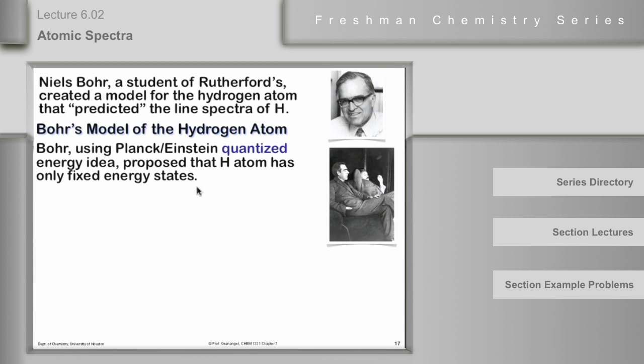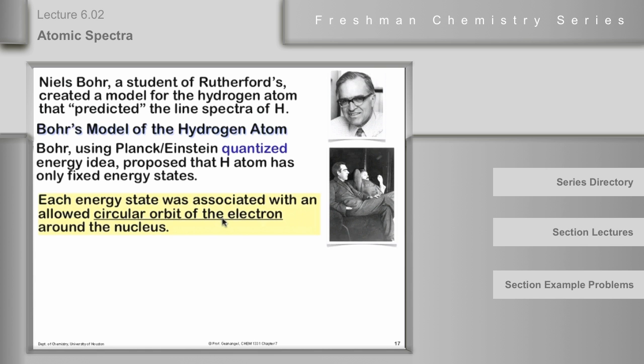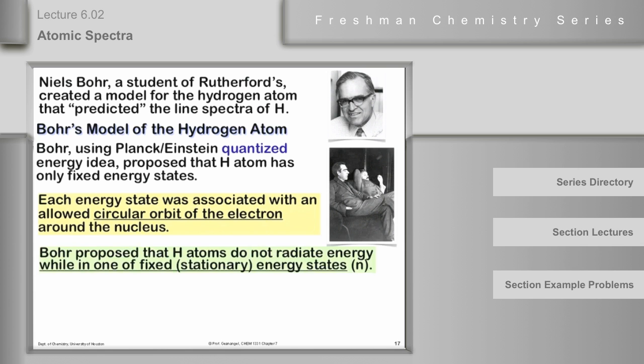Well, this didn't seem too unreasonable, given what had gone before. In his model of the atom, you probably remember from your high school work that each energy state that the hydrogen atom could have, he represented by a circular orbit of the electron around the nucleus. Well, that's not unreasonable, given what was known at the time.